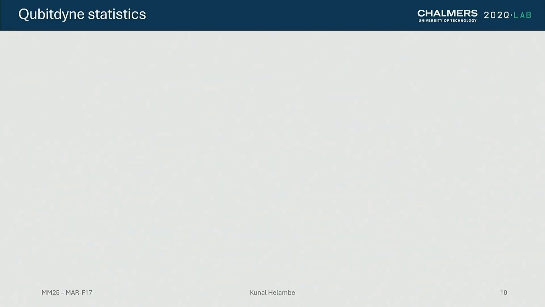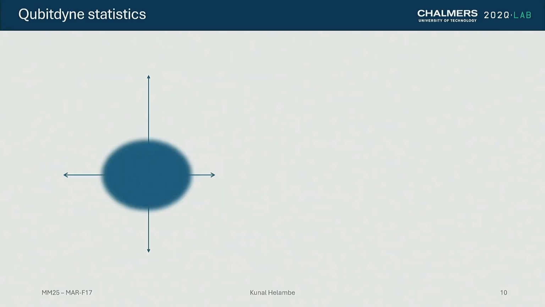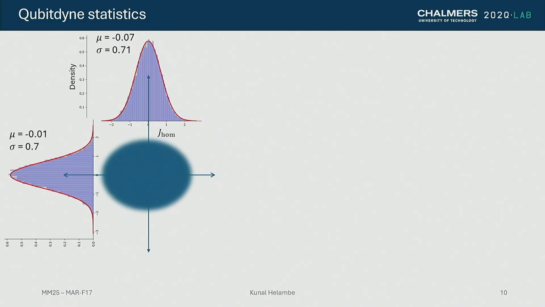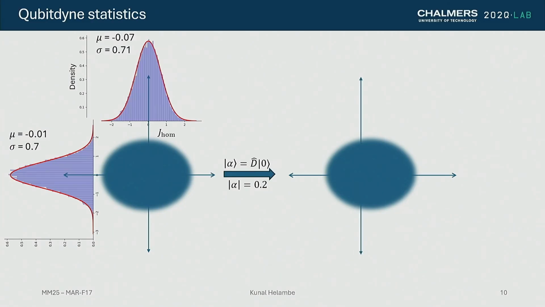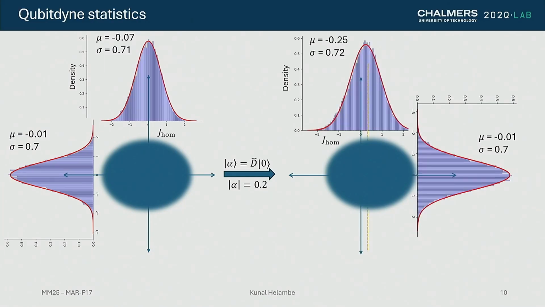And now, to make sense of these trajectories, if you take a coherent state in vacuum, or just vacuum, the trajectories which you sum show a distribution as follows. But now, if you perform a displacement, you will see that along one of these quadratures, along which you have performed a displacement, you can measure a shifted distribution of the coherent state.